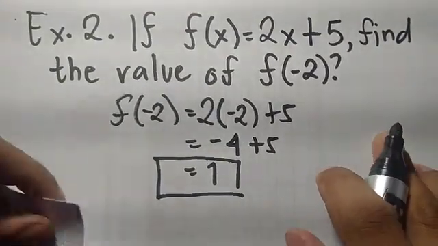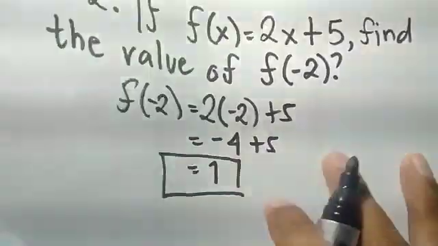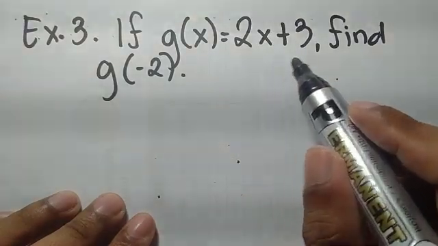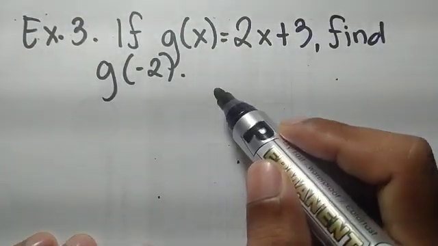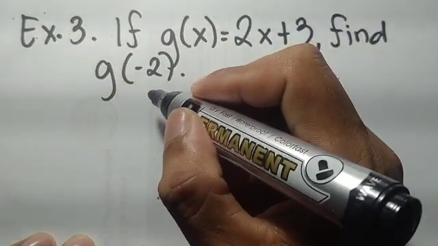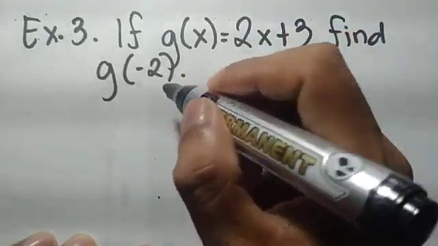Next example, if our g of x equals 2x plus 3, find the value of g of negative 2. Okay, so same process. We just replace x by its given value, which is negative 2.